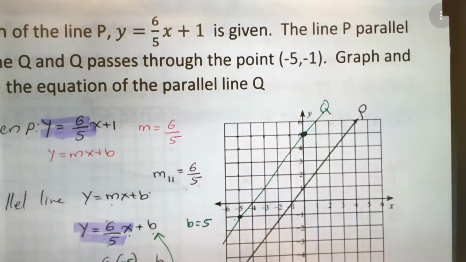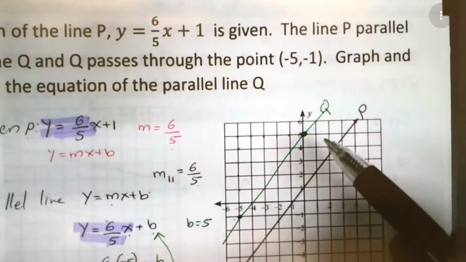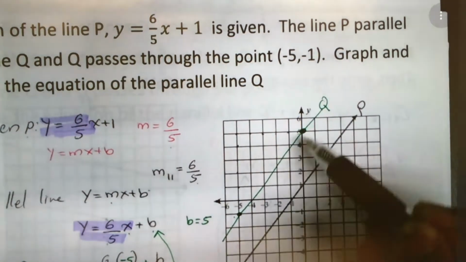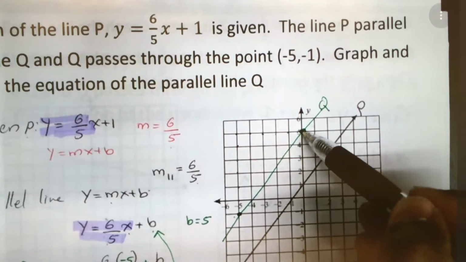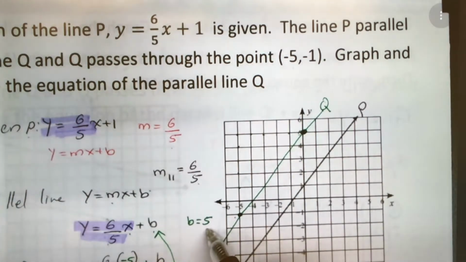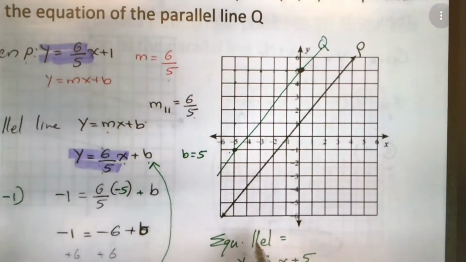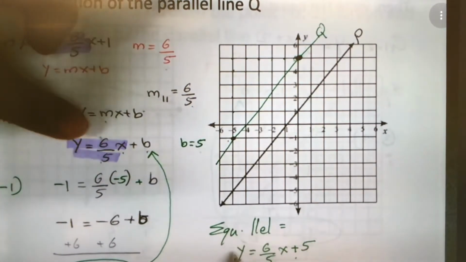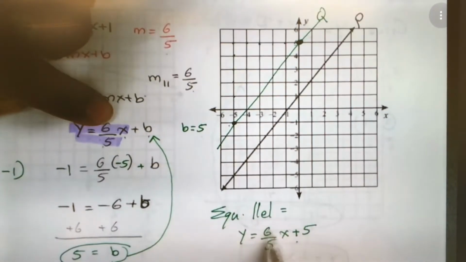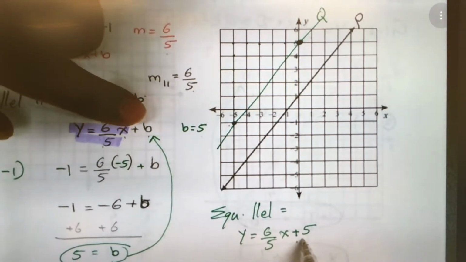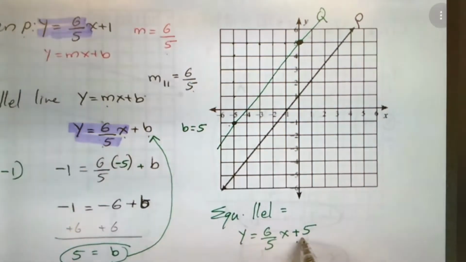Then I draw the line. From the graph I can identify the y-intercept of line Q is 5. So b becomes 5, and the equation of the parallel line is y equals 6 over 5 x plus 5. That is the graphical method we can apply.